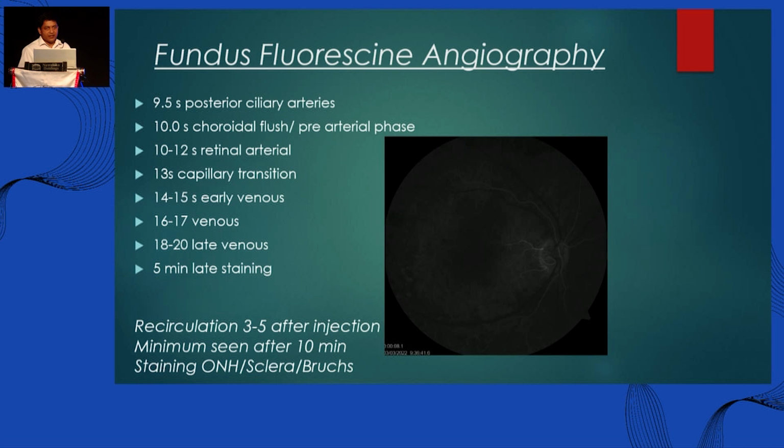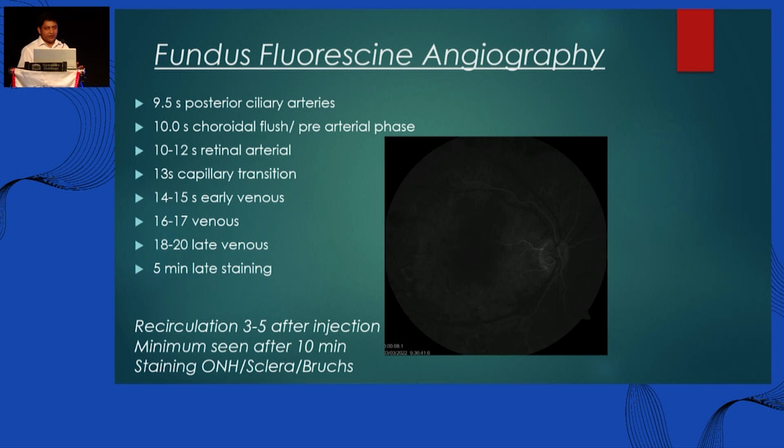You inject a dye and see whether there is fluorescence. In a normal fundus fluorescein angiogram, say you take the injection at 0, at about 9.5 seconds you will see the posterior ciliary arteries, then the choroidal flush, and at 10 to 12 seconds the retinal arterial phase, and then capillaries, and so on.